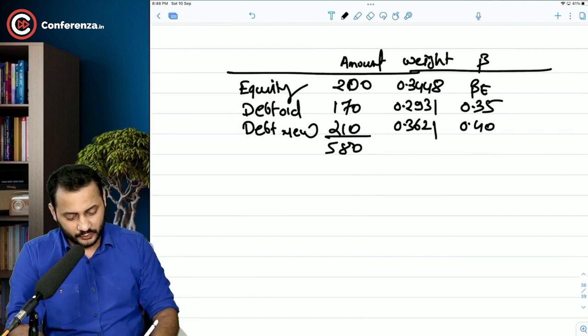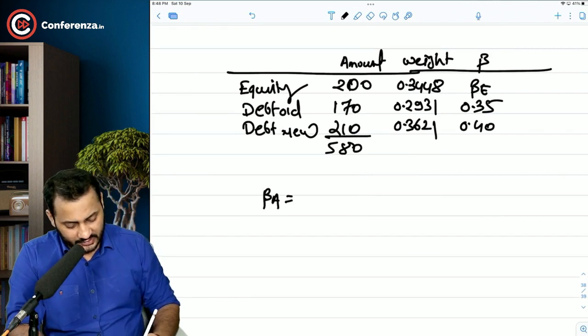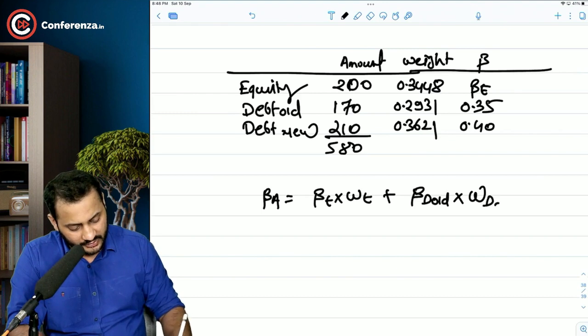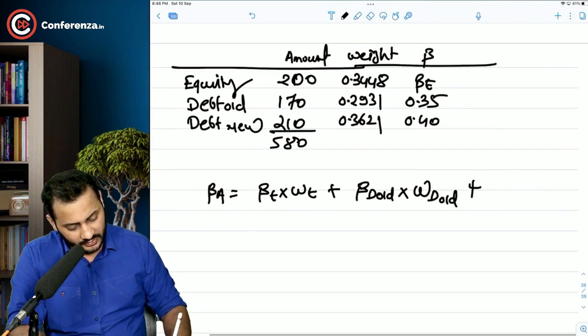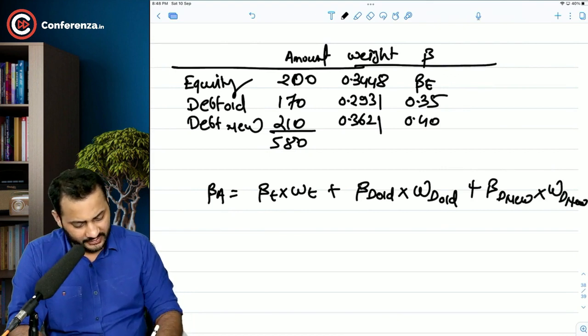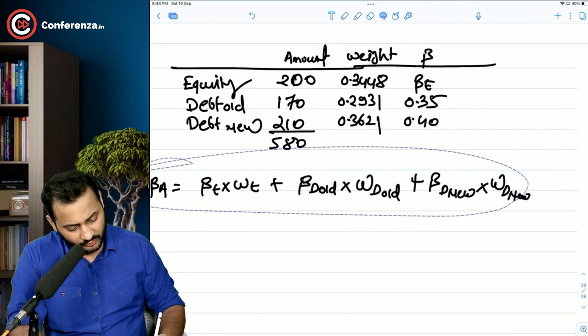So can we calculate the asset beta is equal to equity beta into weight of equity plus beta of the debt old multiplied by weight of the debt old plus beta of the debt new multiplied by weight of the debt new. It's the same formula, sir.